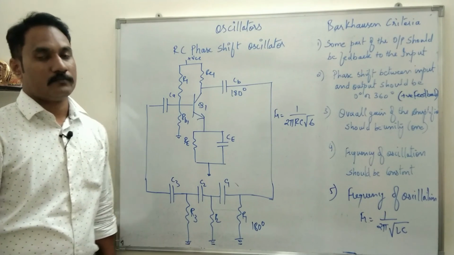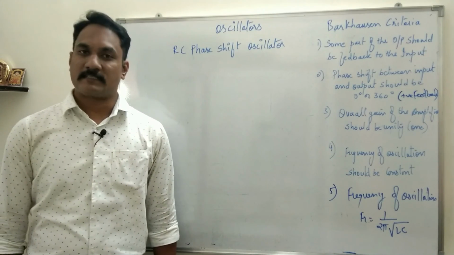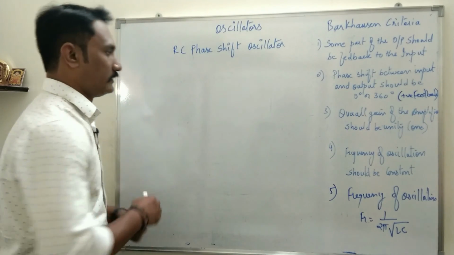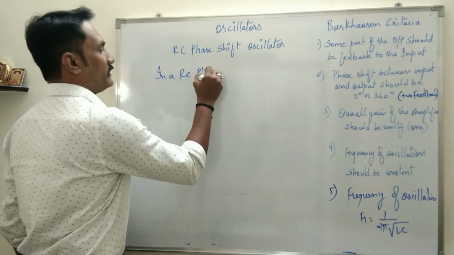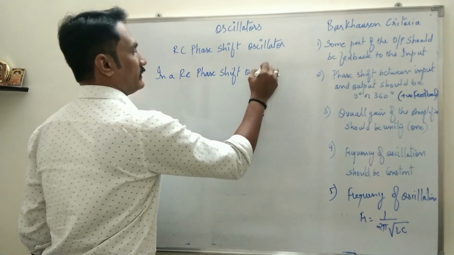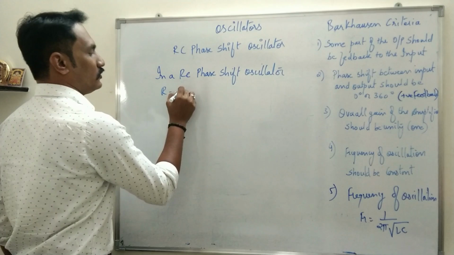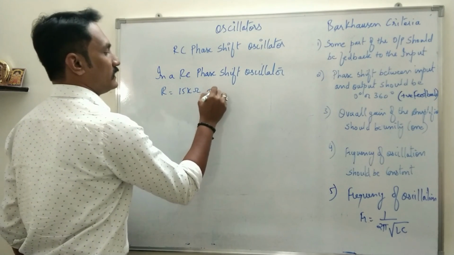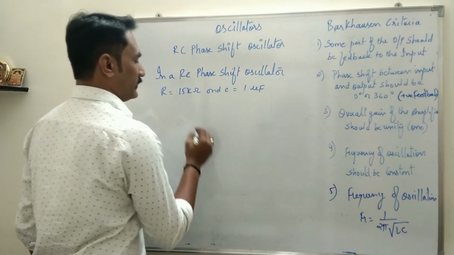I hope you have understood. Let us now take one problem based on the RC phase shift oscillator. In an RC phase shift oscillator, R is equal to 15 kilo ohms and C is 1 microfarad.